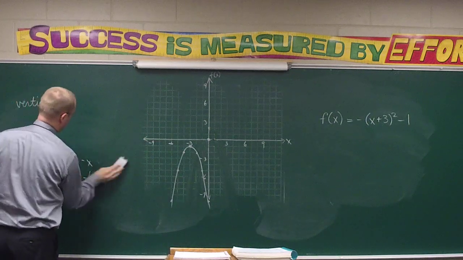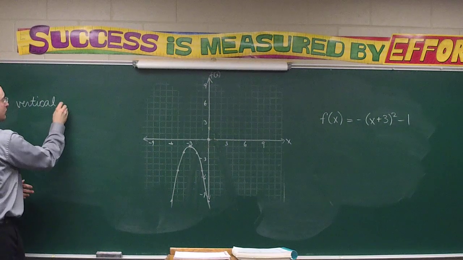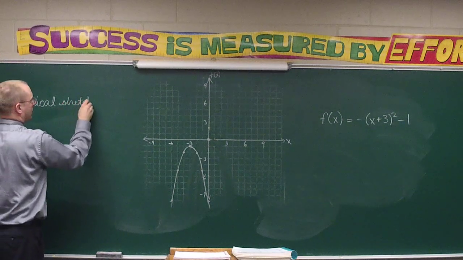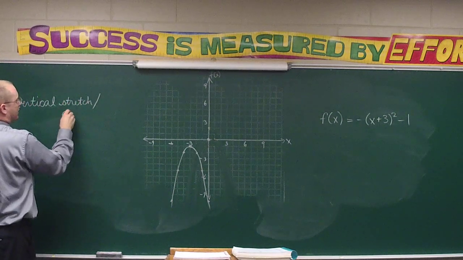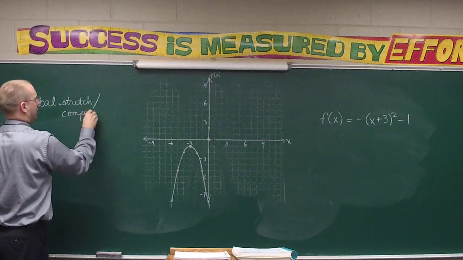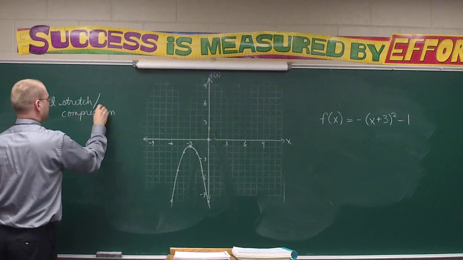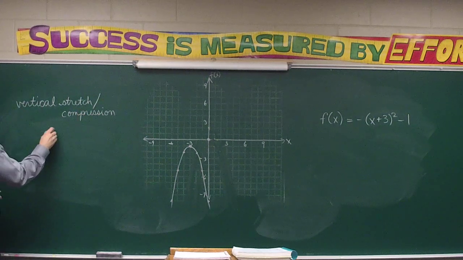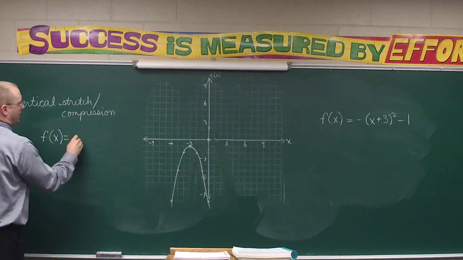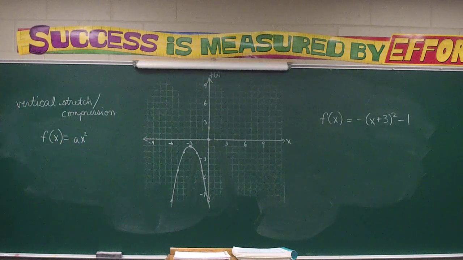Vertical stretch and compression. For this, we turn to the a value. f of x equals ax squared. I have not lied to you, but I have not given you the full truth yet.